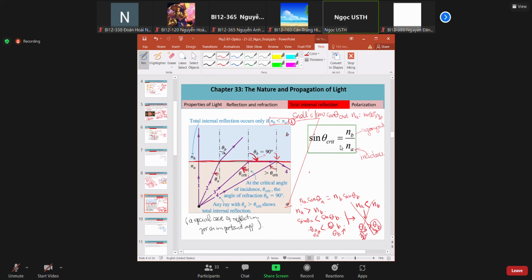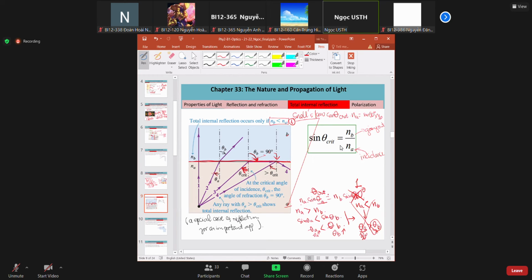So if this is an increasing angle, the theta B should be 90 degrees, so you need to apply the Snell law, right? Sin of 90 degrees will be equal to 1. And we call the angle where the theta B equals 90 theta critical, like this.